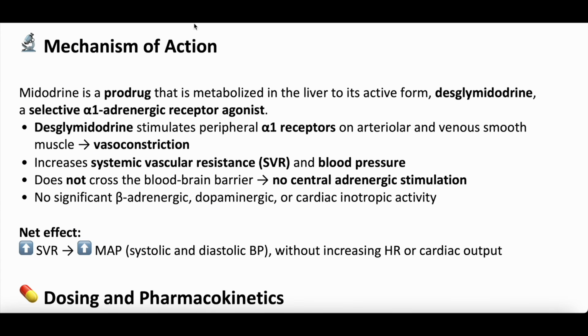So, Midodrine as an oral vasopressor. We're going to get more into that, but we're going to start with its mechanism of action, some of the explanation behind how it works. Midodrine is actually a prodrug, meaning Midodrine in and of itself does not do much. It has to be metabolized to its active form, okay?